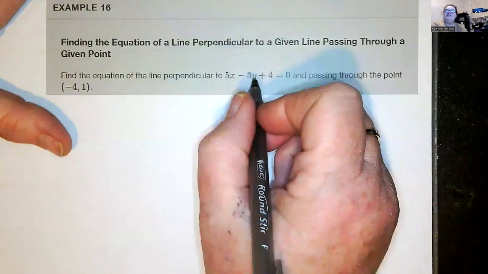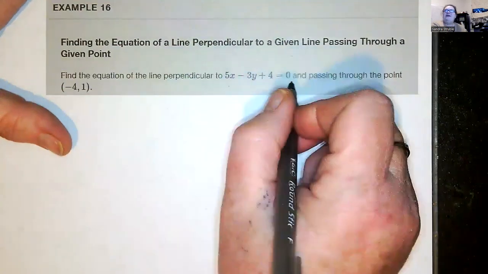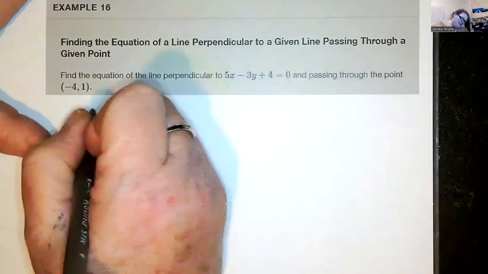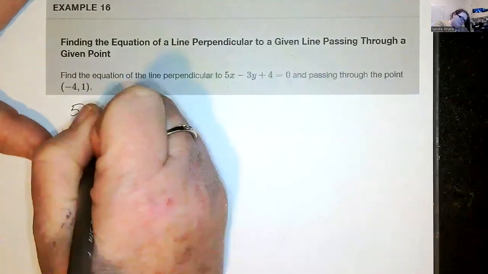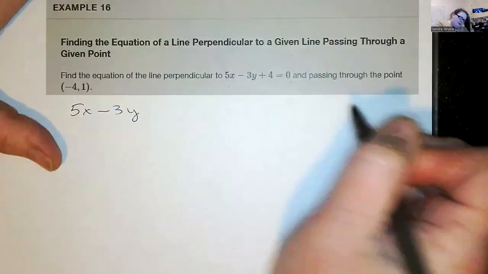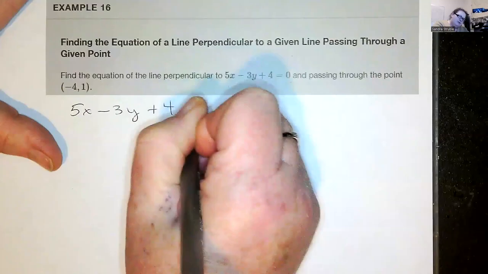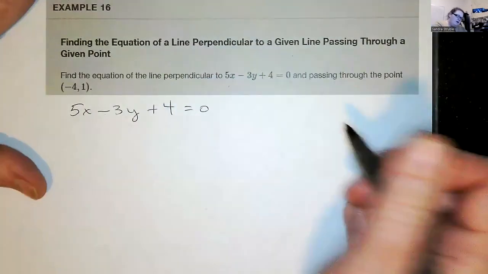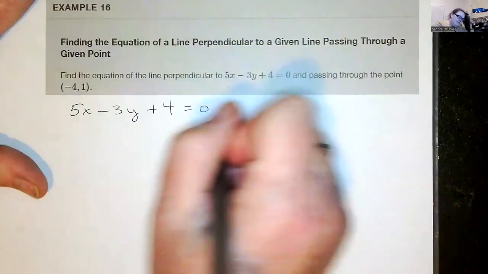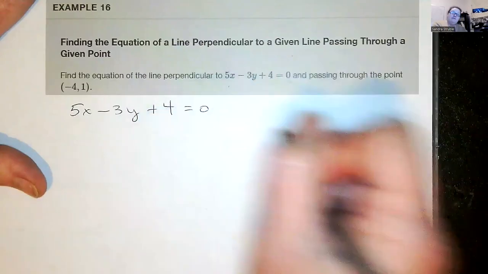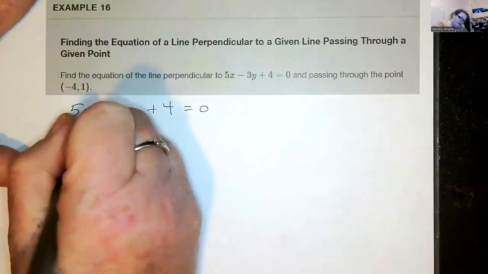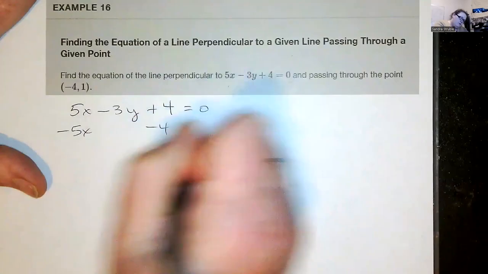So what we have to do is solve for y on this one again. So 5x minus 3y plus 4, it looks so close, equals 0. Just solving for y. So subtracting 4 from both, subtracting 5x from both. So I'm just going to get rid of the 5x, get rid of the 4.